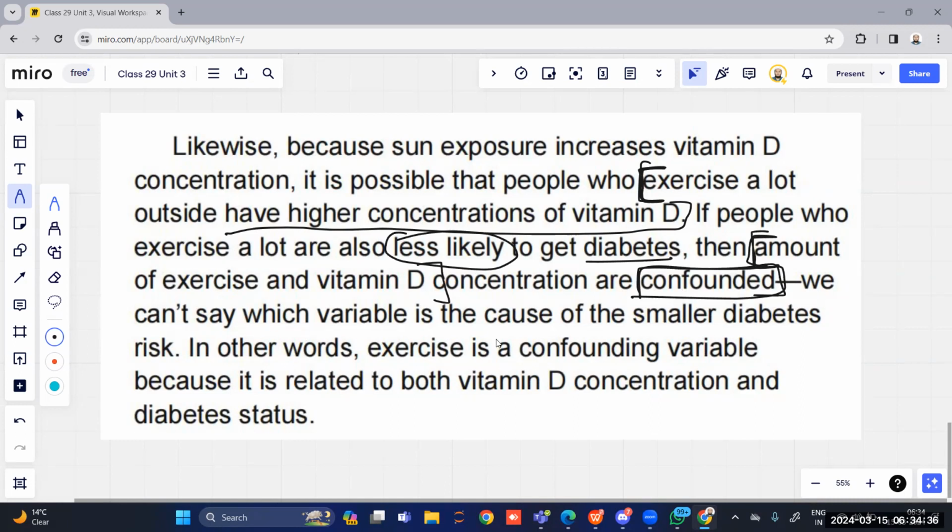We can't say which variable is the cause of the smaller diabetes risk. In other words, exercise is a confounding variable because it is related to both vitamin D concentration and diabetes status.